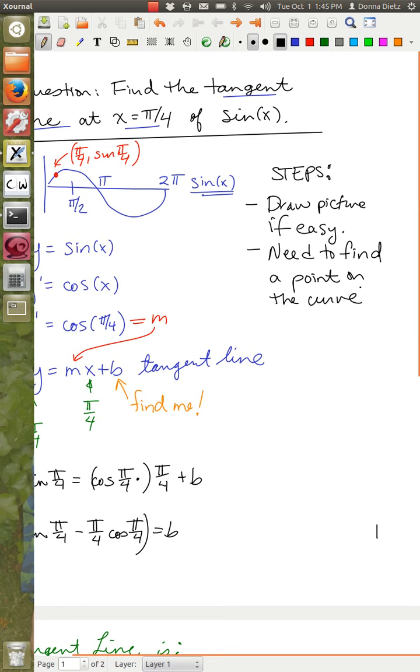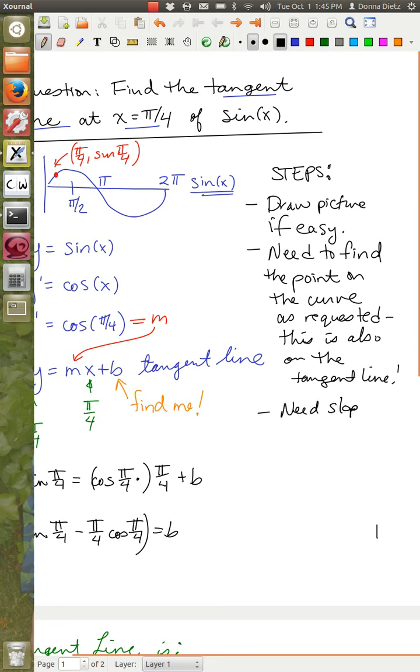In fact, you need to find specifically the point on the curve as requested. And this is also on the tangent line. And you need the slope. This we get from calculus, and we have to tell you the x value. That gives you the slope.